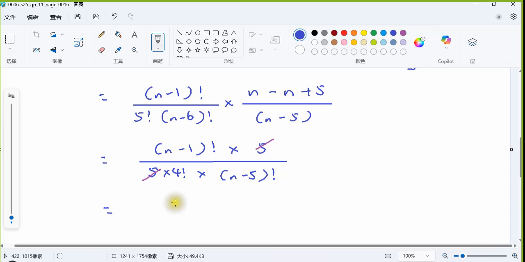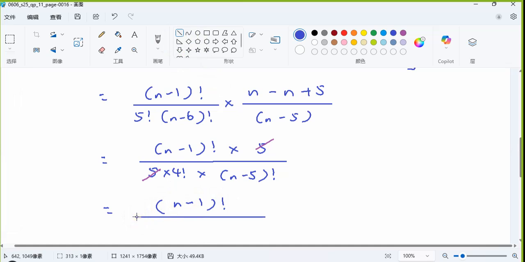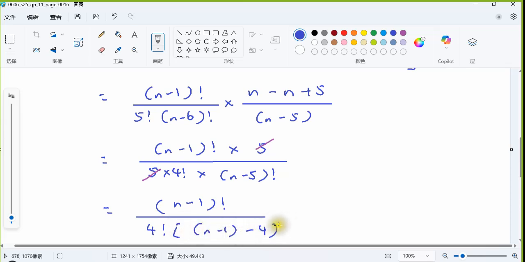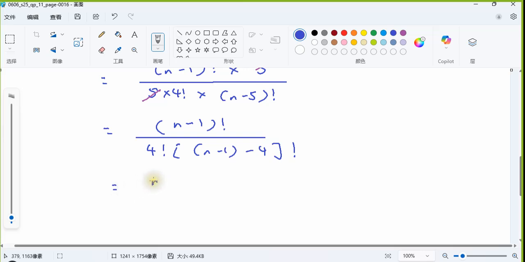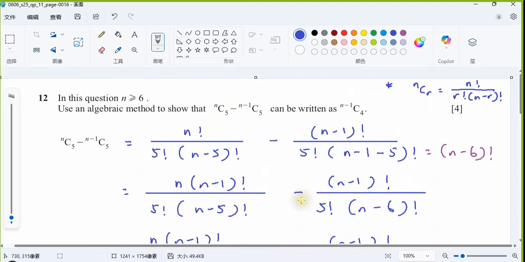So this is (n minus 1) factorial over 4 factorial times (n minus 1 minus 4) factorial. So this is (n minus 1)C4. Okay, done.